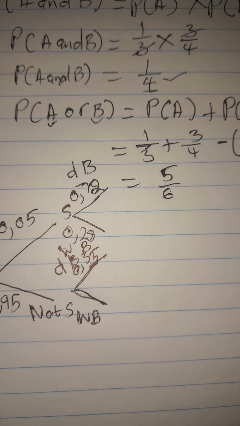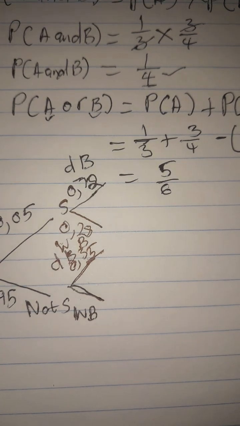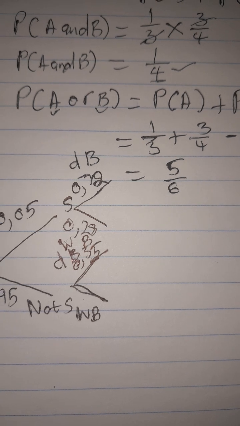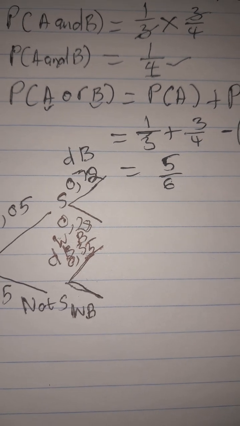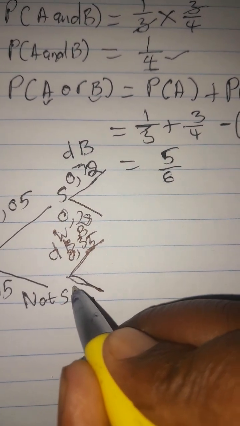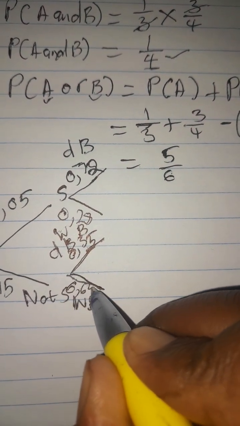So we just have to be careful. Out of 100%, when we take out 35, we are left with 65. So definitely this will be 0.65.